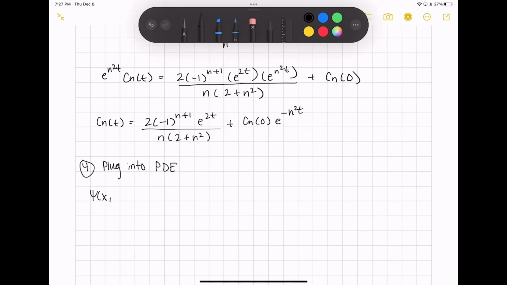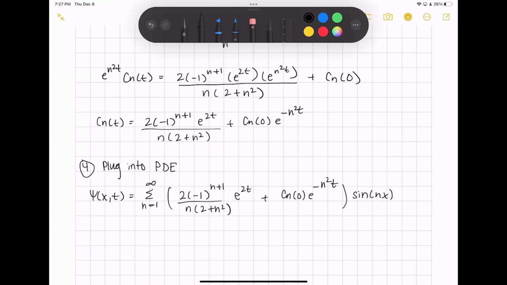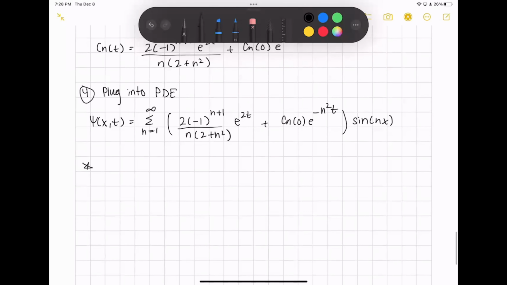So we'll get this. Now all we need to do is apply our initial condition.